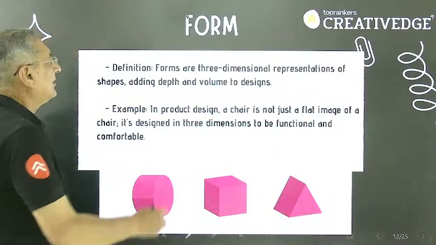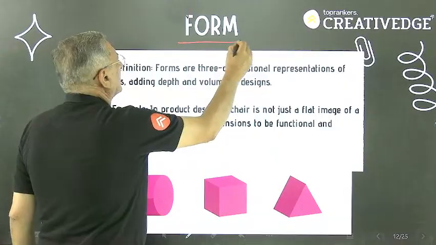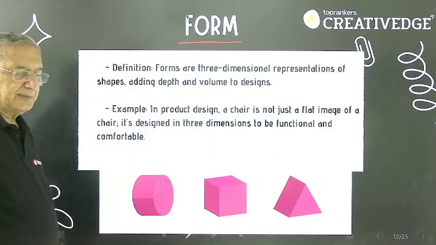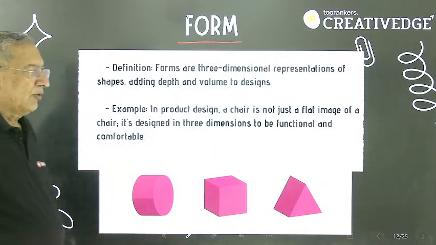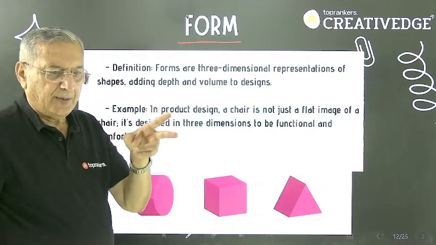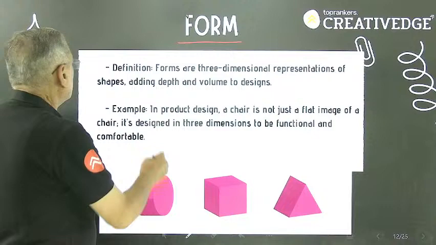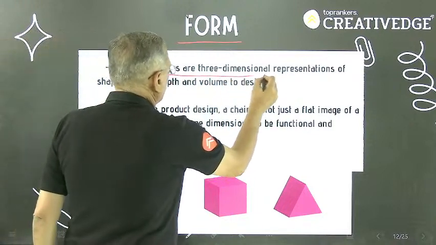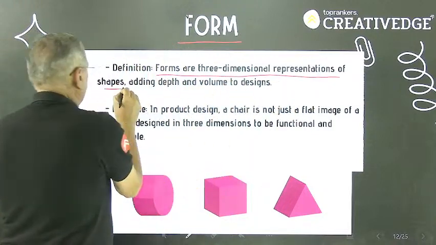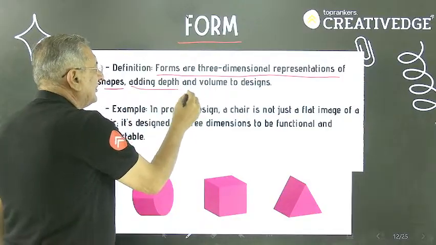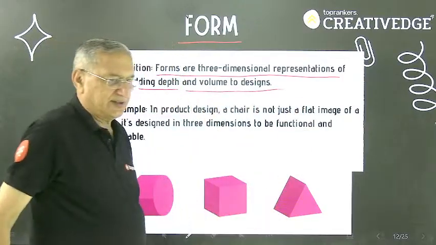Then comes the next element, that is form. While shapes are two-dimensional, forms are three-dimensional. Definition-wise, forms are three-dimensional representations of the shapes, adding depth and volume to the designs.